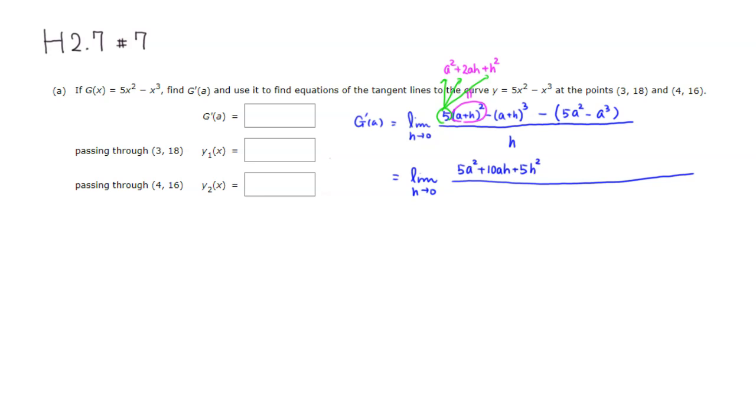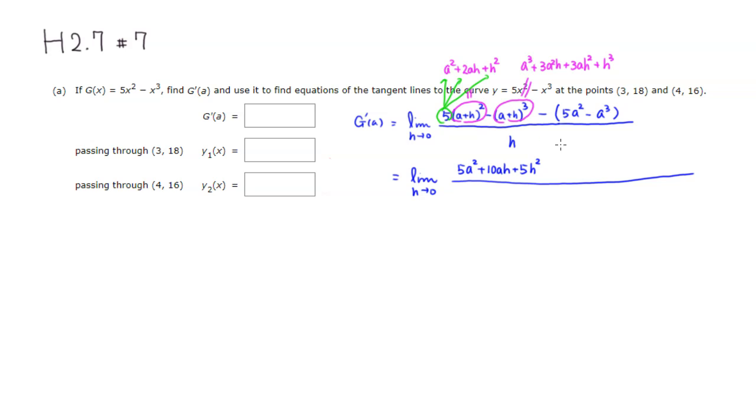Then, the same way, a plus h cubed can be rewritten by multiplying out: a cubed plus 3a squared h plus 3ah squared plus h cubed.